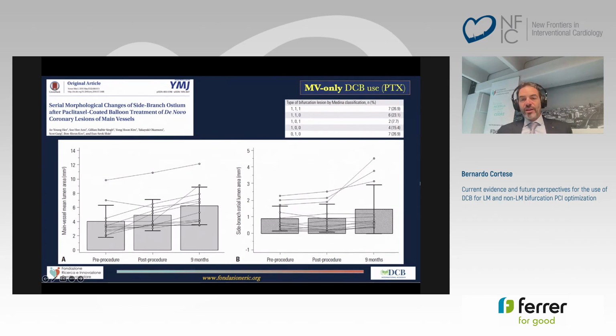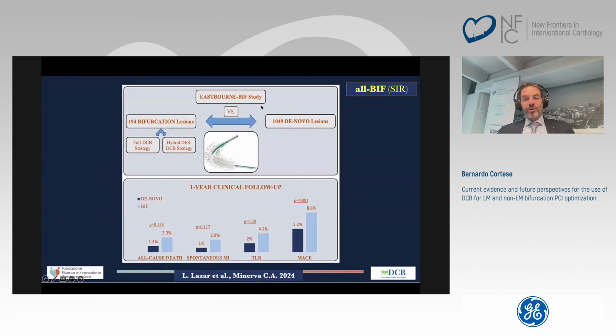So it's quite interesting at 9 months, showing how in all of these Medina type classifications there is this quite nice outcome. And very recently, we published another sub-study of this study, the EASTBOURNE-BIF, with the Magic Touch sirolimus-coated balloon, showing how the performance of the sirolimus-coated balloon is quite reassuring also for the management of the side branch.